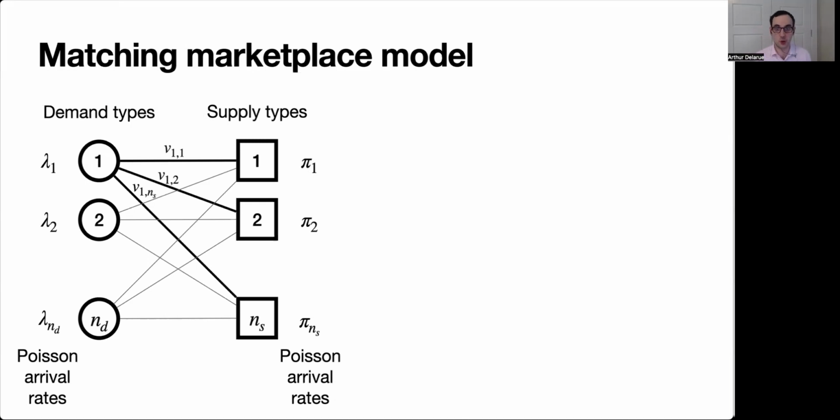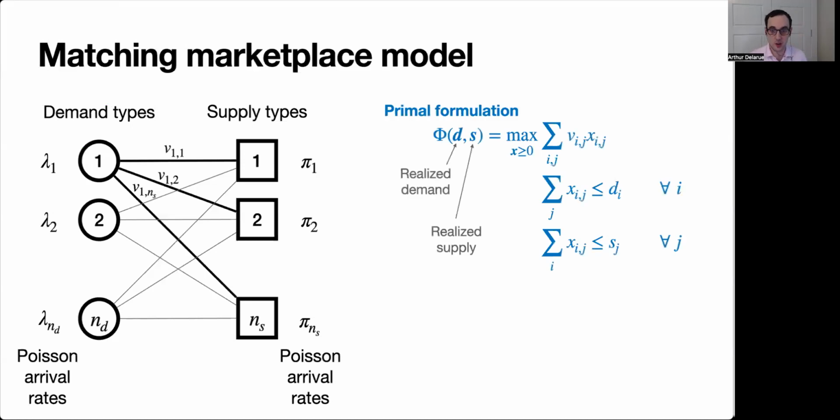Then what the platform is trying to do, given a realized demand from the Poisson demand process D and a realized supply from the Poisson supply process S, is to maximize total value. You've probably seen this type of formulation before. This is a standard transportation or bipartite matching problem.